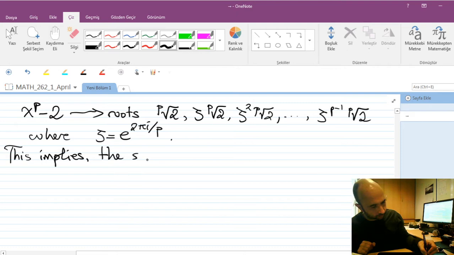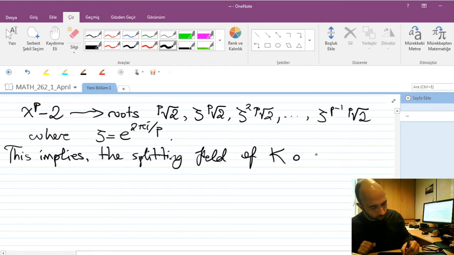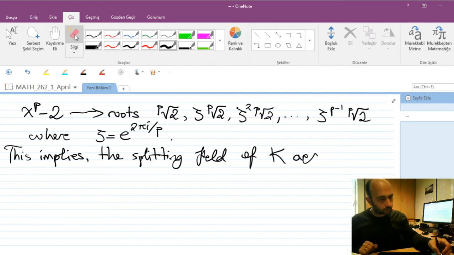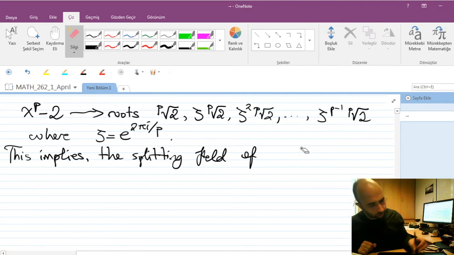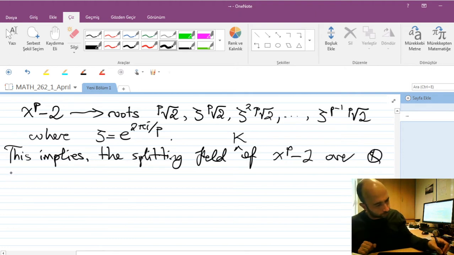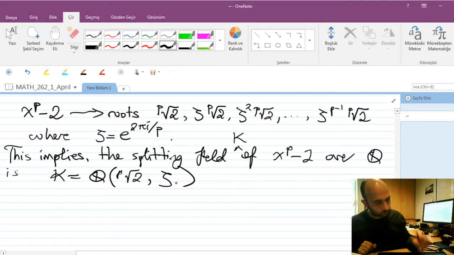the splitting field K of this polynomial x to the p minus 2 over Q is simply Q adjoined p-th root of 2 and zeta.